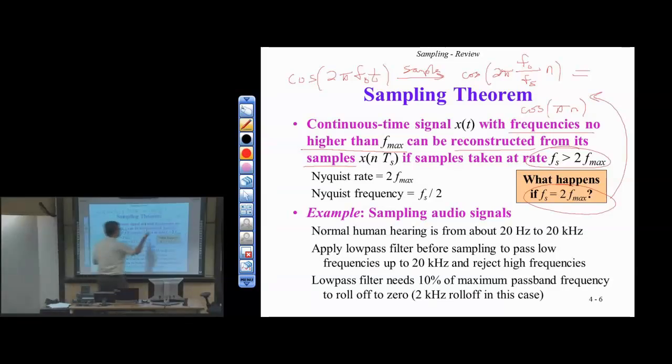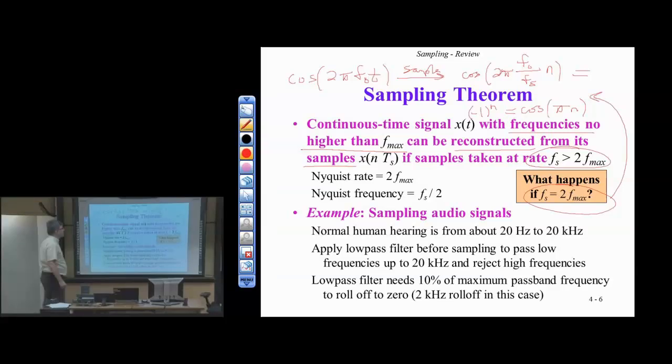So that one gets through, amazingly. It's the fastest alternation: 1, minus 1, 1, minus 1. It's the highest frequency possible in a discrete time signal, or a sampled discrete time signal.